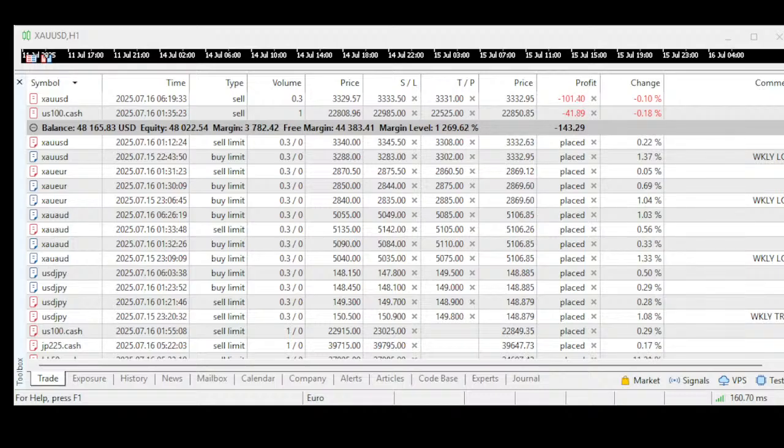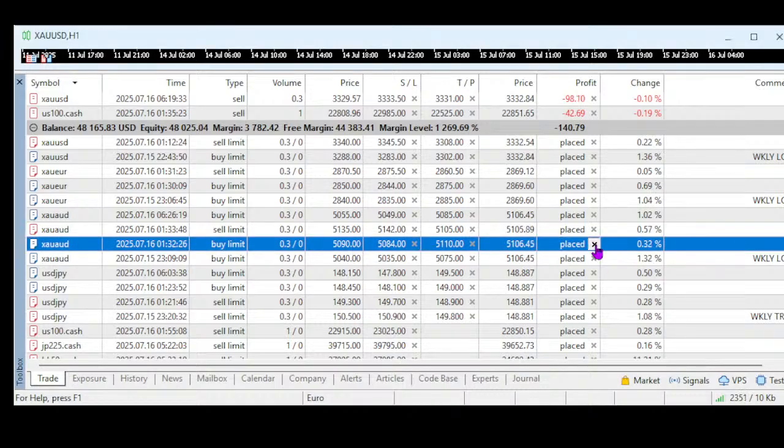Either we go for a sell at 5120, then the TP should be before 5095 or 5090. Okay, so I think this buying is out, cancel.